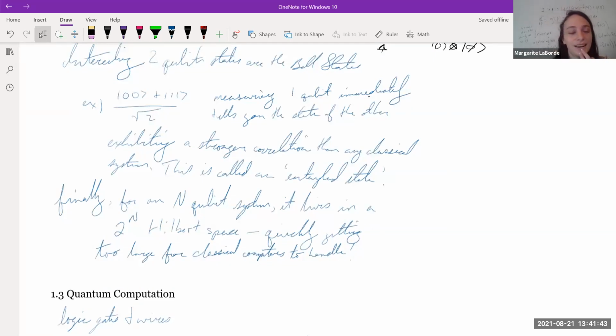So EPR pairs are named after their paper, where they basically all got together and started complaining about how quantum physics didn't make any sense, and it was a big, stupid, dumb theory, and everybody should call them out for not being complete. And there's basically a list of things that they didn't like about it, like non-locality and non-reality, things like that. And I think this is actually Einstein's most cited paper by people who are citing it to say, hey, look at this thing that quantum physics did that would piss off EPR.